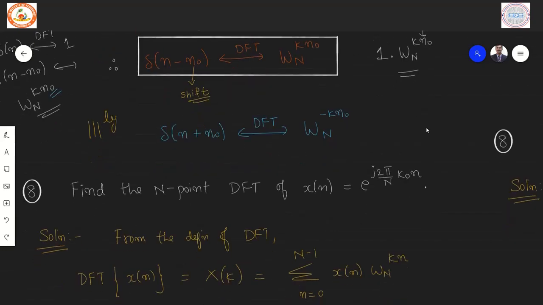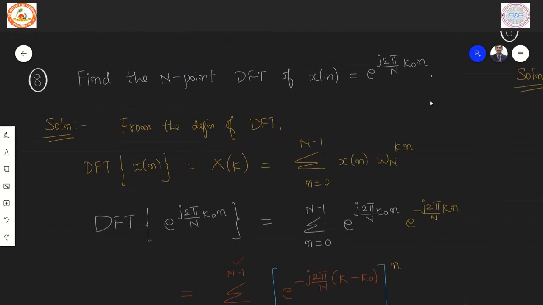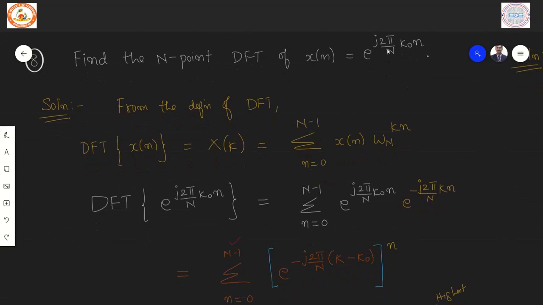The next numerical is to find the N-point DFT of x of n, which is equal to e power of j2 pi by N k naught n. Now once again here, from the definition of DFT, we can write the DFT of x of n, x of k, and it's given by the summation.